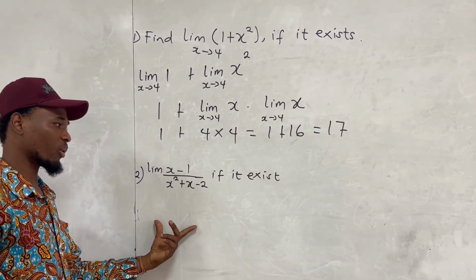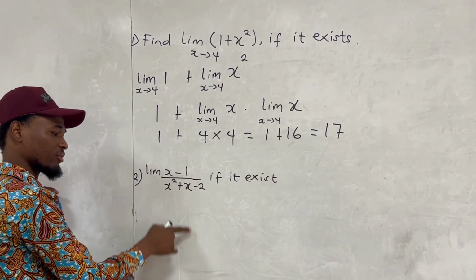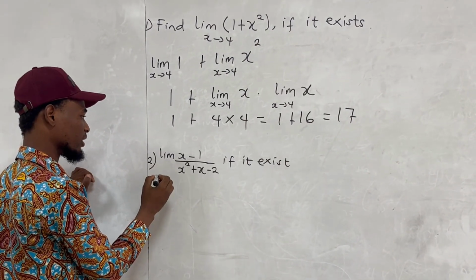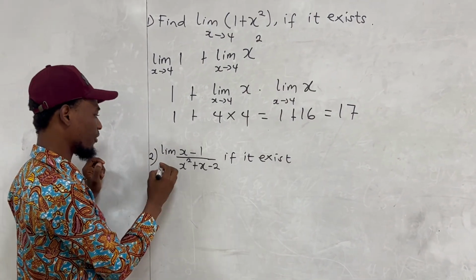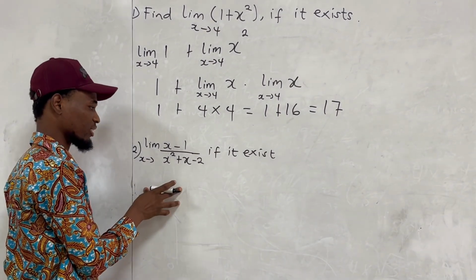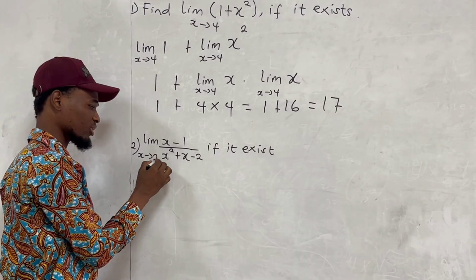Let's consider the second question. Remember, you spread the limit. This one is as x approaches 2.